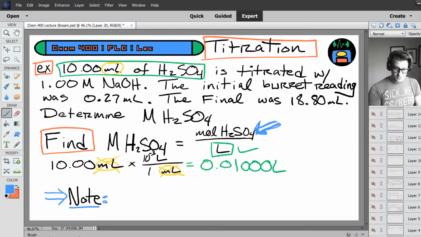It is impossible to solve a titration problem. Well, every titration problem I will write you on exam 2, you will need a balanced chemical equation.